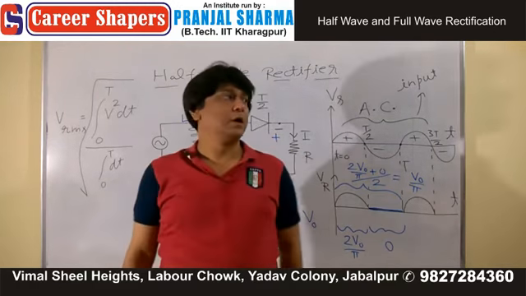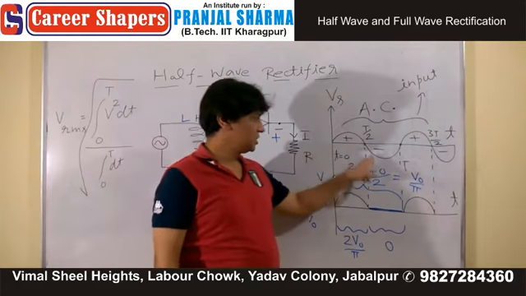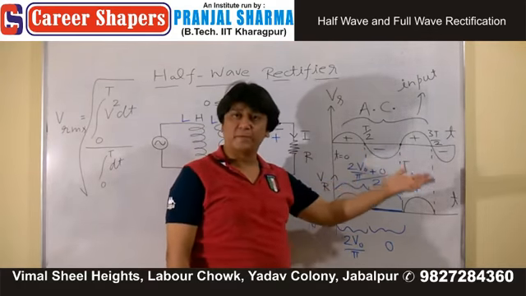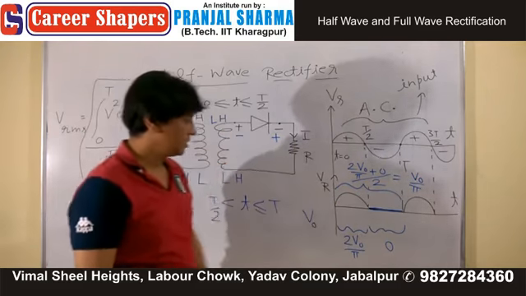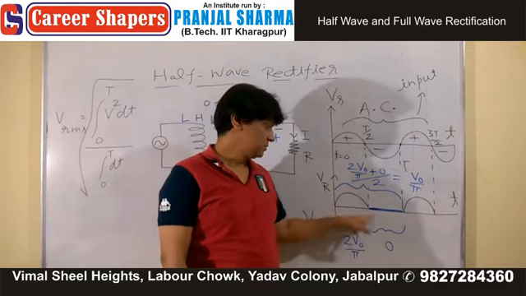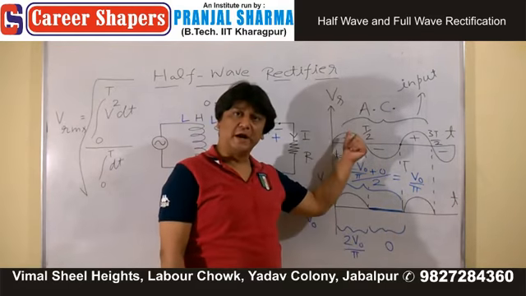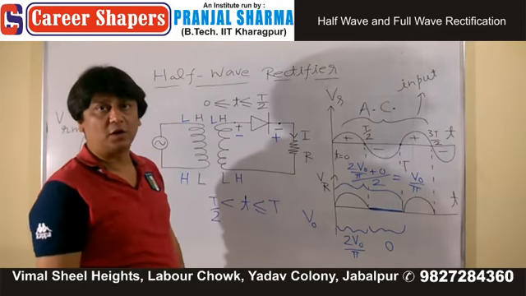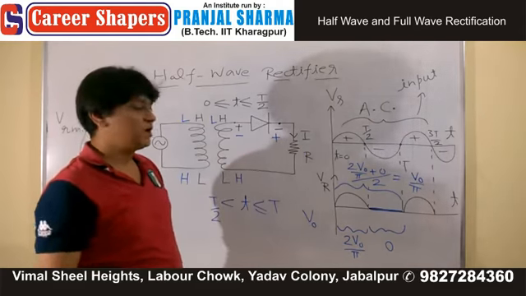For a signal like this, a complete alternating signal, you know that your RMS is V naught upon root 2. Had it been a complete alternating signal, then you would expect an RMS value of V naught upon root 2, which everybody knows.